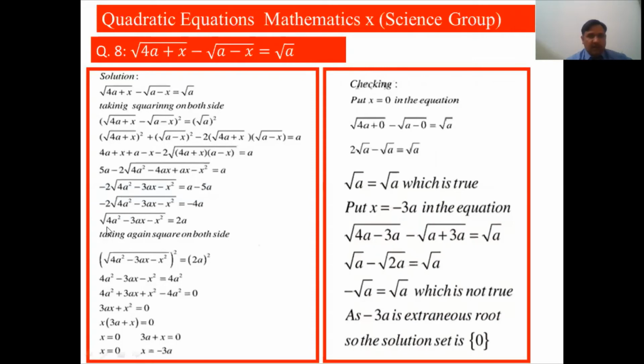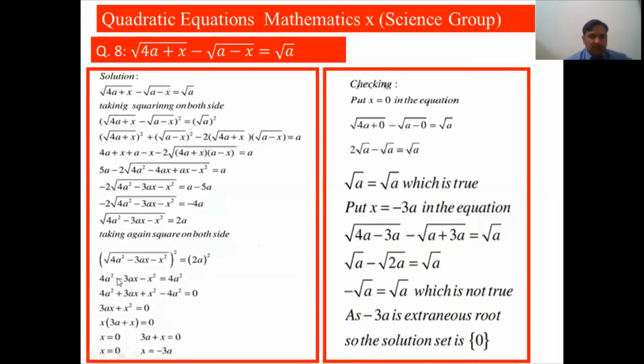Now we have again a radical sign, so again taking square on both sides. So this square root cancels out with this square, and 2a whole square is equal to 4a square. So now we have to shift this 4a square to the right hand side of the equation. So this is plus 4a square, and this is minus 4a square.